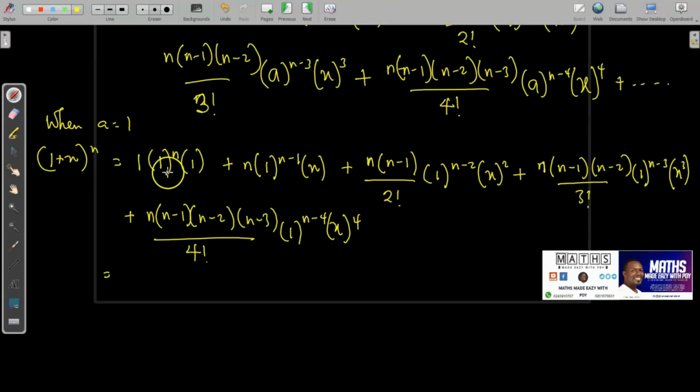So what's the final answer for this side? What are we getting? 1 times 1 times 1. What's the answer? 1. Good. Then over here, 1 to the power n minus 1, we are going to have it as n times 1 times x. So what's the final answer here?